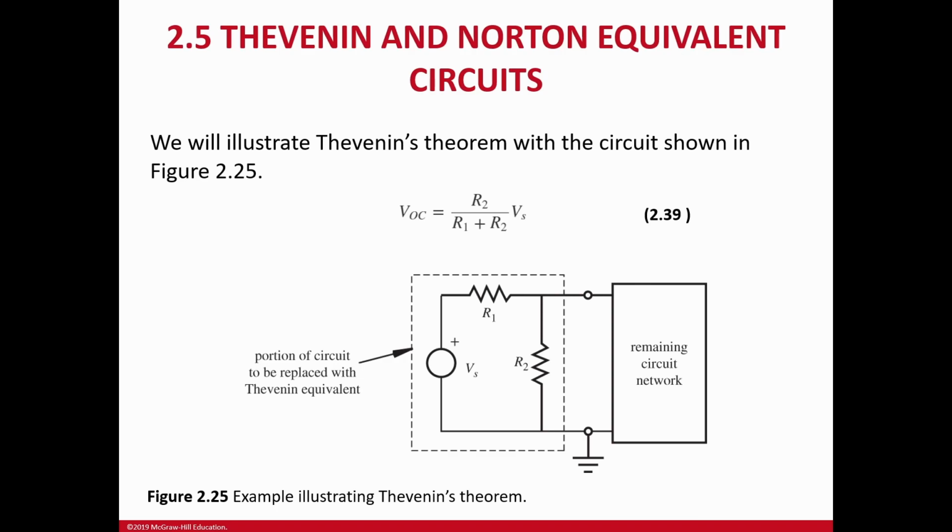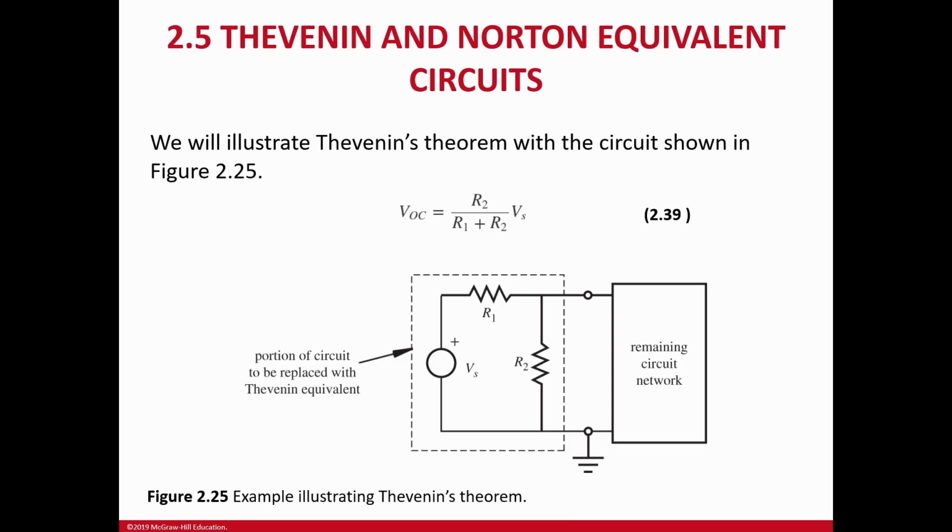And the short circuit current is Vs divided by R1. So after that, you can get the Thevenin resistance: the denominator is R1 plus R2, and the numerator is R1 times R2, right?